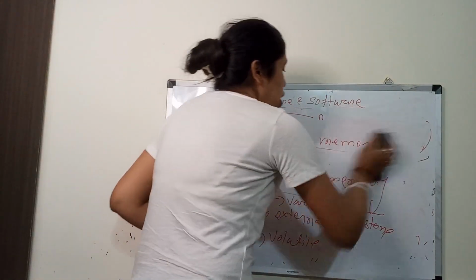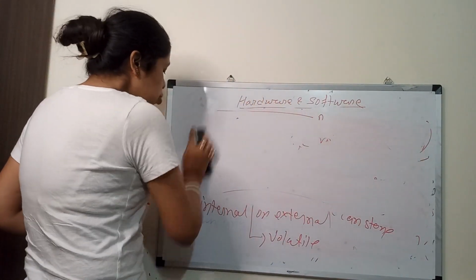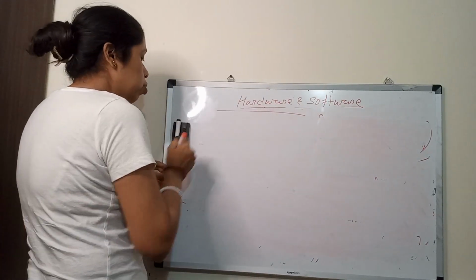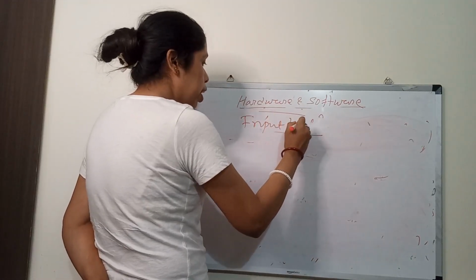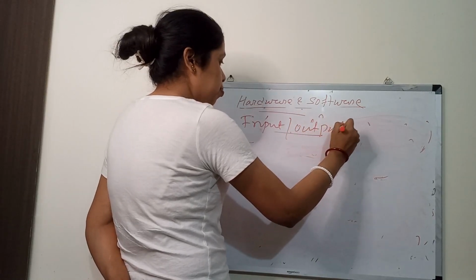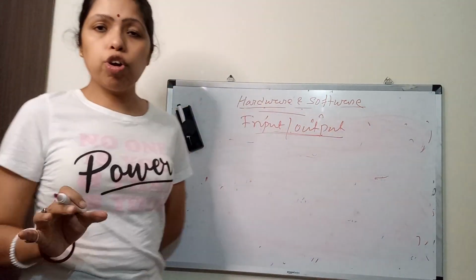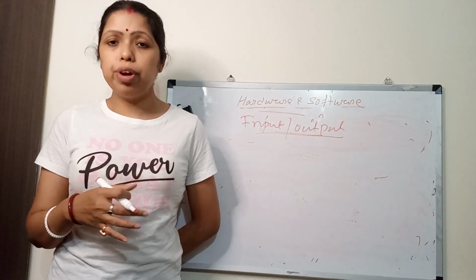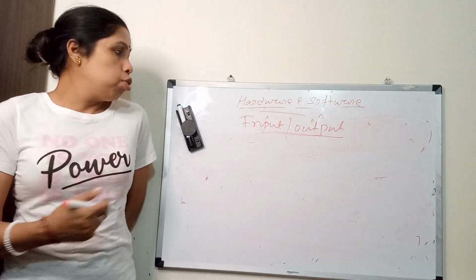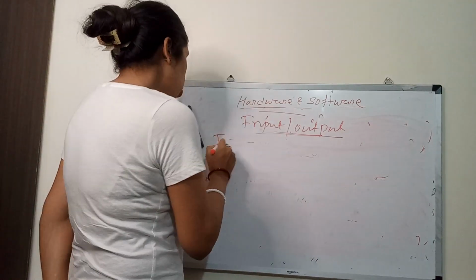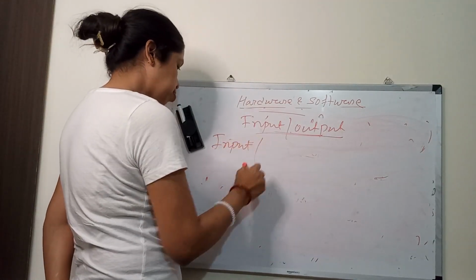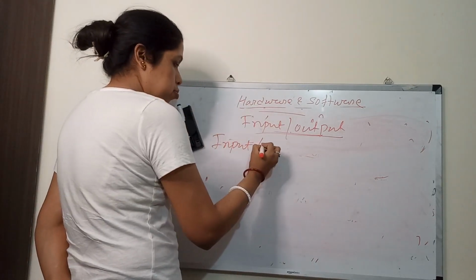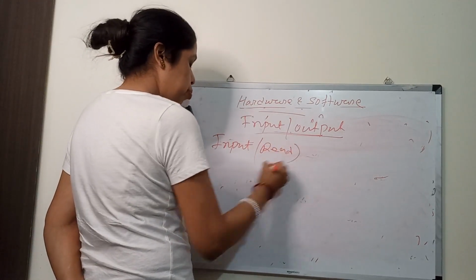Now come to the input output pins, the input and output terminals. Inside the microcontroller you will have two different kinds of terminals, the input terminal and the output terminal. The input terminal is defined as a read terminal.